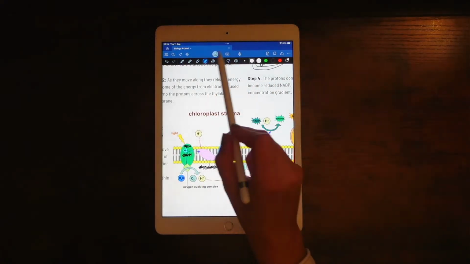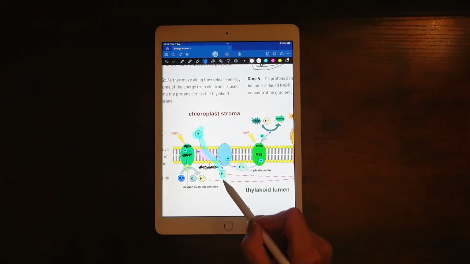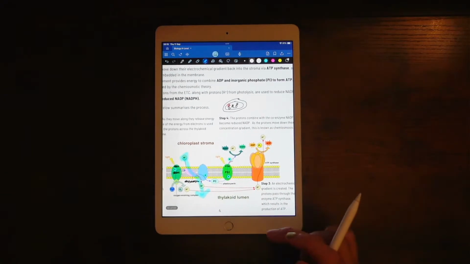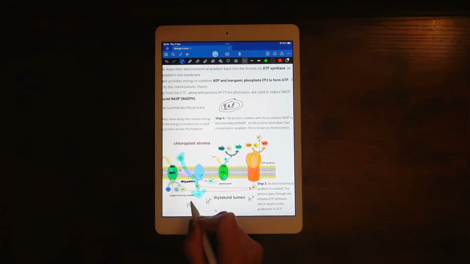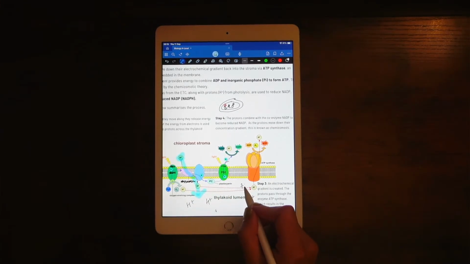That energy is used to pump protons through to this side. And as a result, we end up with lots of protons on this side of the membrane because they're being produced in photolysis of water and they're being pumped across from the stroma.